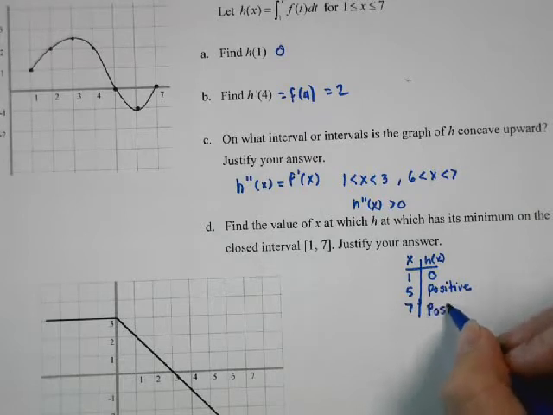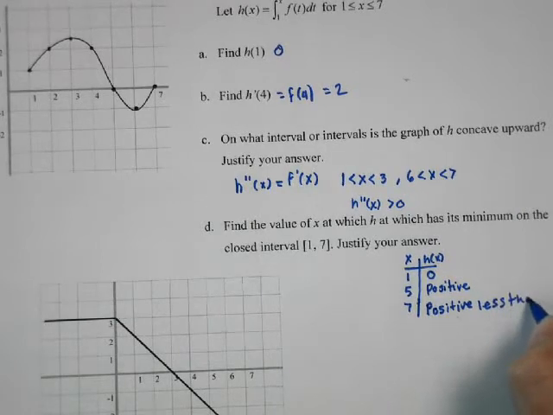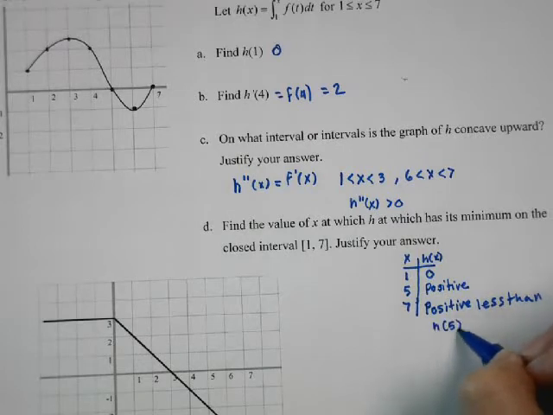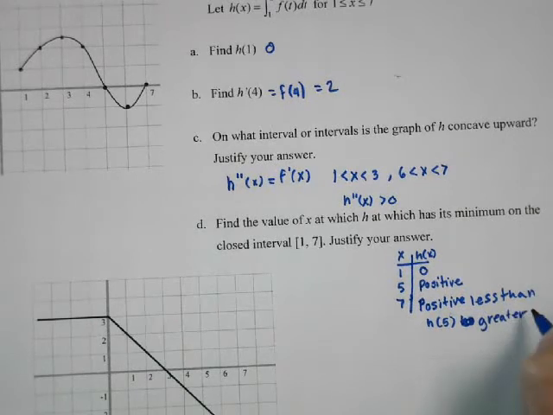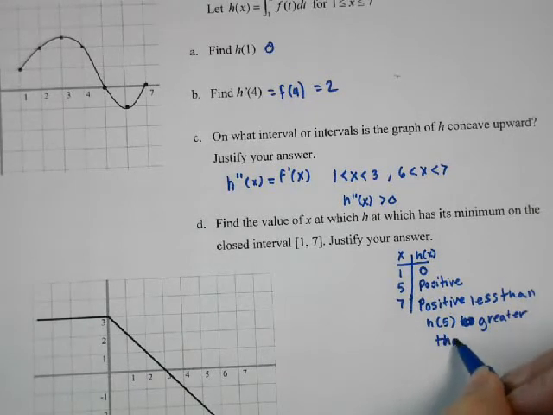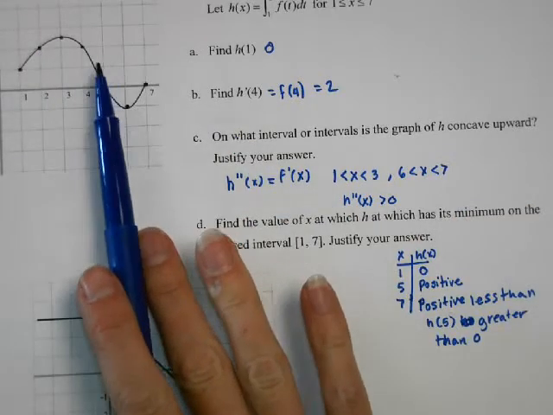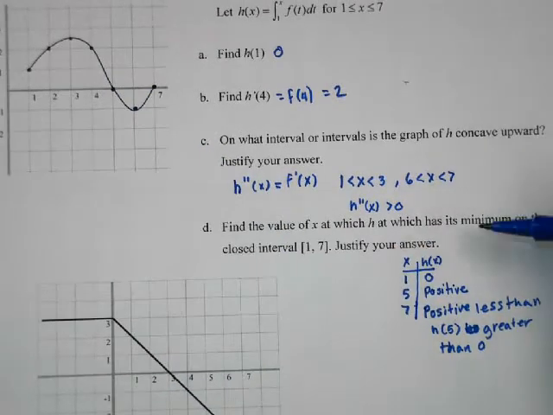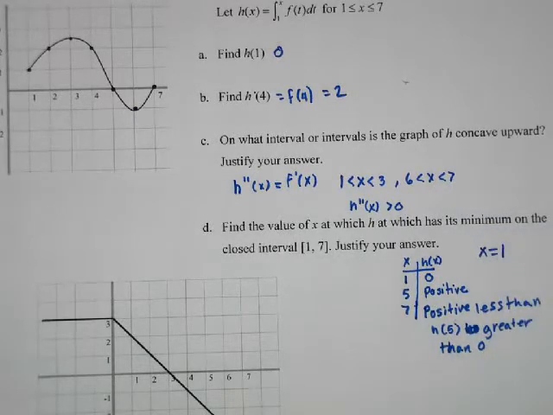So it's still positive, but less than the value at 5, and it's not going to be 0. It's greater than 0. It's 0, it gets positive, then it starts to go down, but this area being less than this area means it's still going to be positive. So where does it have its minimum? At x equals 1, because it's 0 there and it's never 0 again.